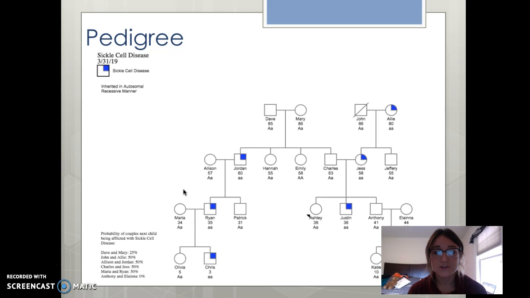So if two individuals with both big A and little a, such as Dave and Mary, have a child like Jordan, the chances of them having a child with the disease are 25%. The chances of them having a normal child are 25% as well, and the chance of their child having a sickle cell trait is 50%. So they won't show any signs or symptoms, but they will carry one of the genes.